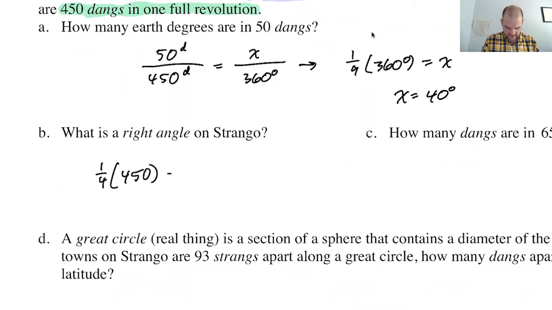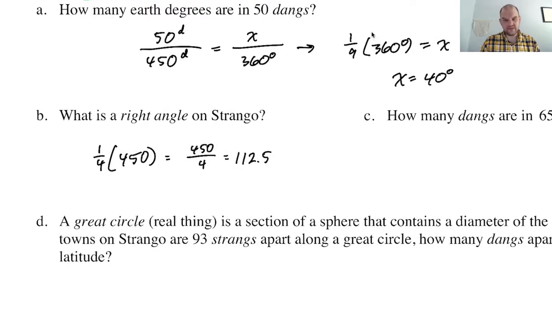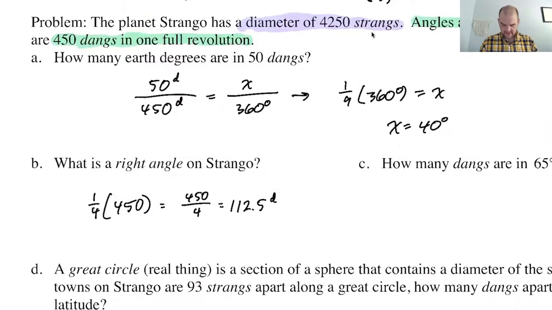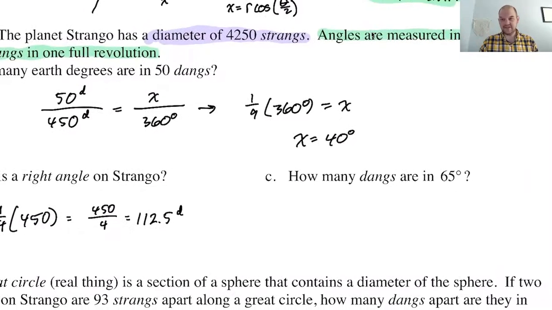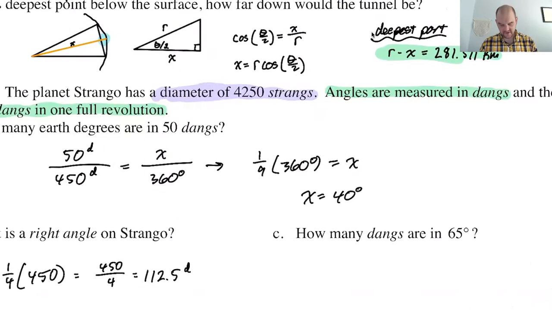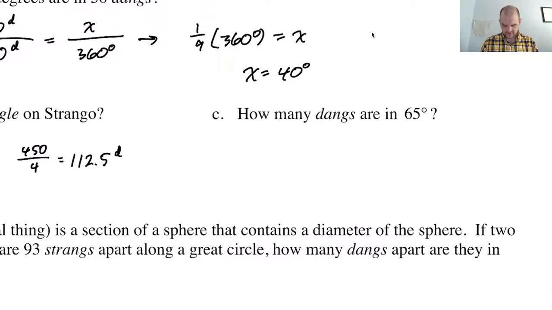So it's actually 450 divided by 4, which is 112.5. Yeah, 48 and then 2 is 50. So what is this though? This is in dangs, right? Because angles are measured in dangs. You've got to keep track of that. It's the hardest part for sure.